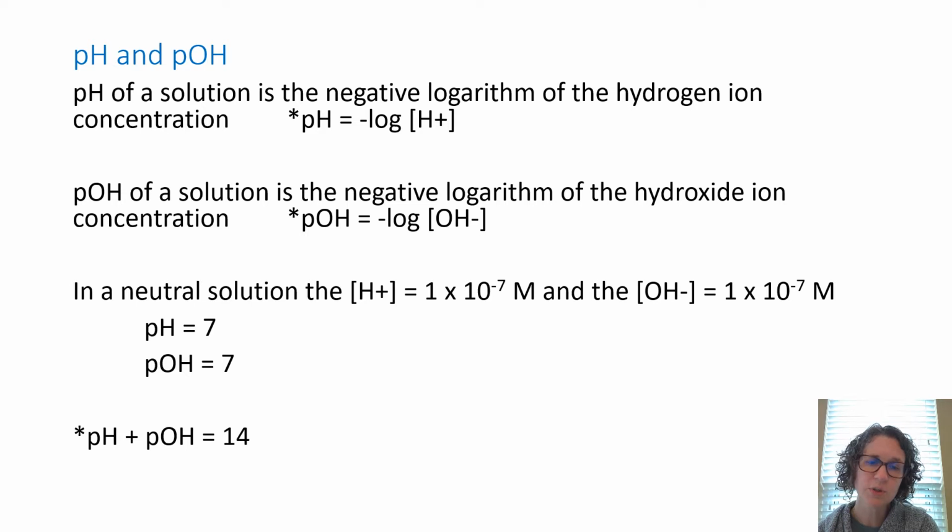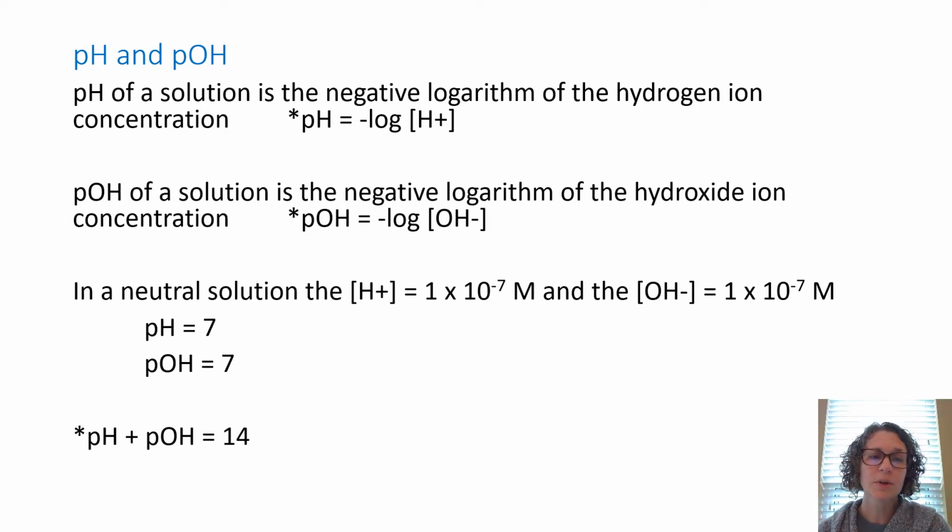In neutral solutions, you would have equal amounts of hydrogen ion concentration and hydroxide ion concentration. If you did the math behind that, you would find that the pH equals 7 and the pOH equals 7. And so that neutral and those two numbers equaling 7 is where we get our 14 for the pH scale. That's the biggest number that you could get to.